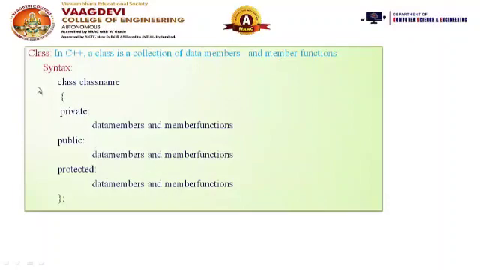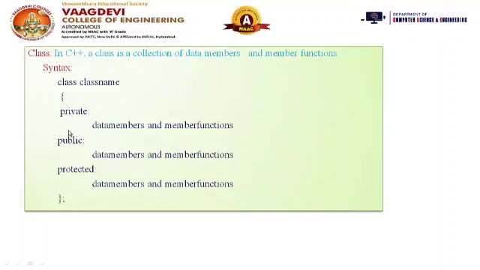The class is a keyword which is used to define a class. A class name is the name of the class. Open curly bracket indicates the beginning of the class.